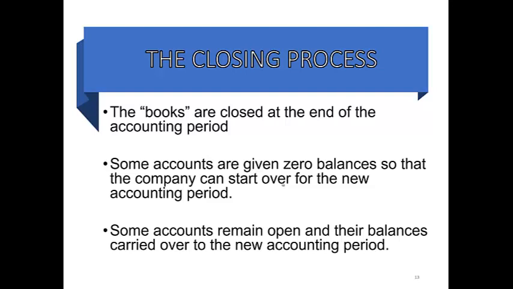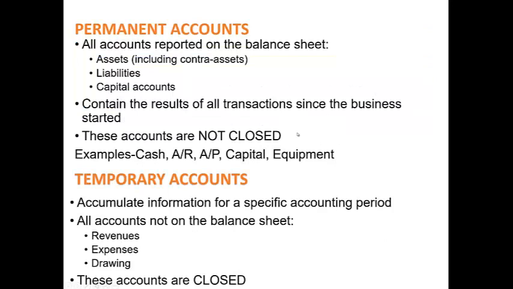And then some accounts are just going to remain open and we're going to just transfer those balances over to the new accounting period. Now the permanent accounts are the ones that we're going to transfer over to the new accounting period. Those are the ones that are on the balance sheet.